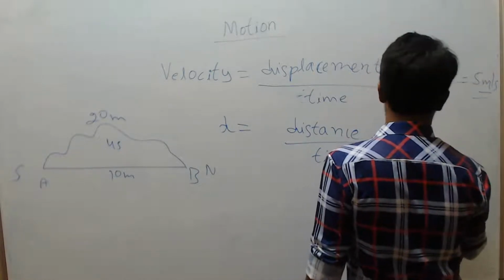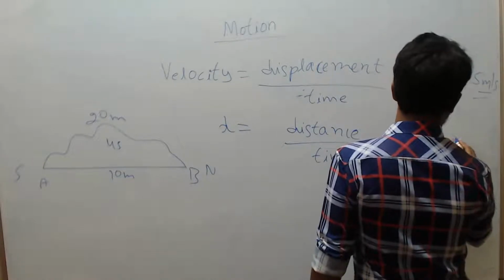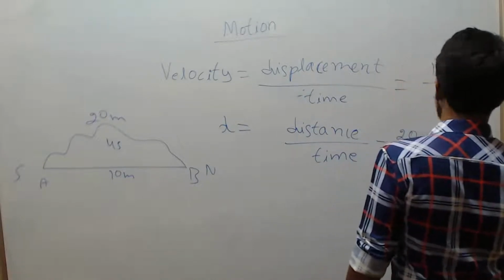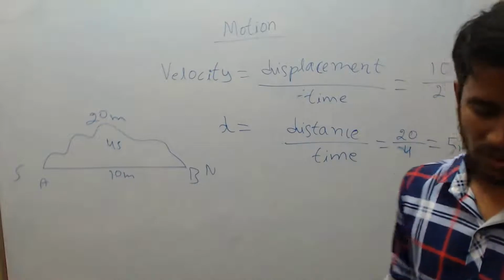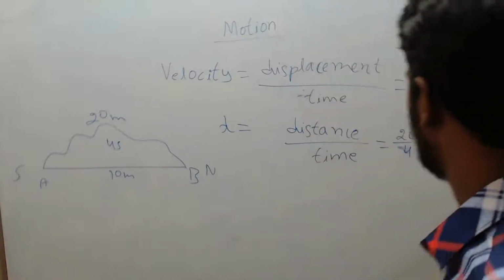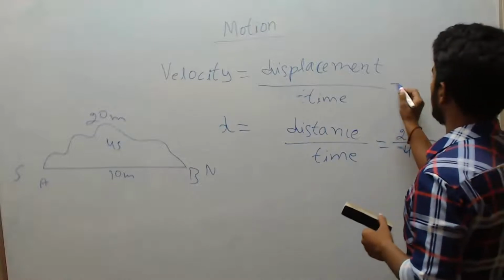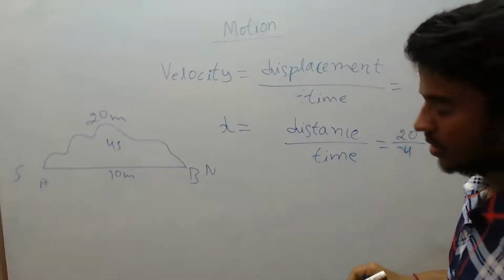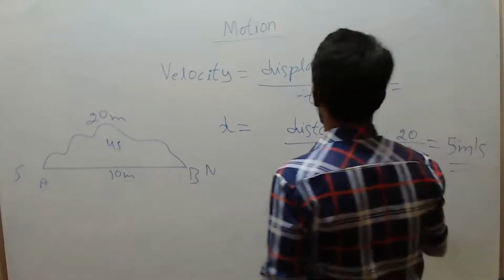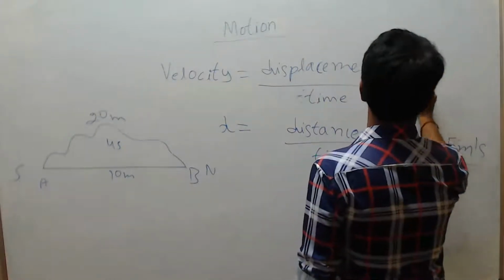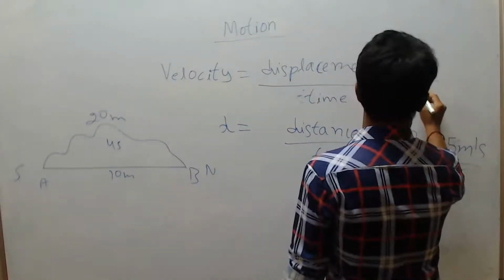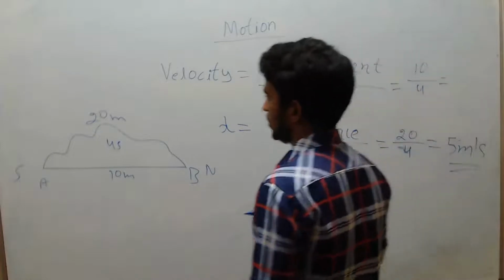So what is the speed? That is 5 meter per second. So speed is 5 meter per second. Then what is velocity? Displacement is 10 meter. What about time? Time is 4 seconds. Then what is the answer?